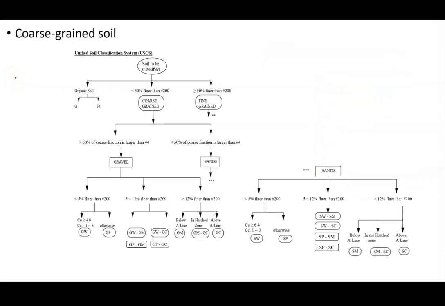That's step 1. Based on step 1, if less than 50% is passing through sieve number 200, it means that more than 50% is retained on sieve number 200, which means that we have a coarse-grained soil. If we have a coarse-grained soil, now we need to see how much gravel we have in our coarse material.